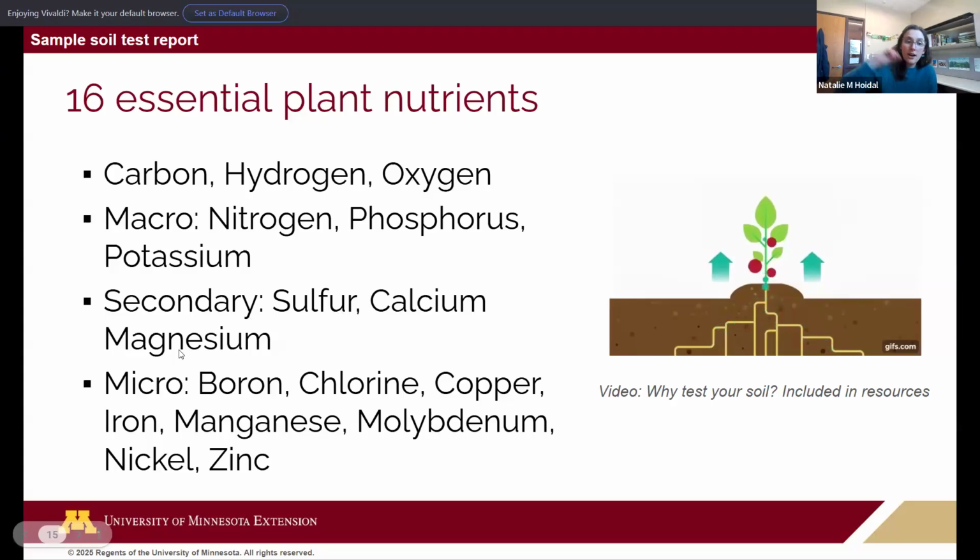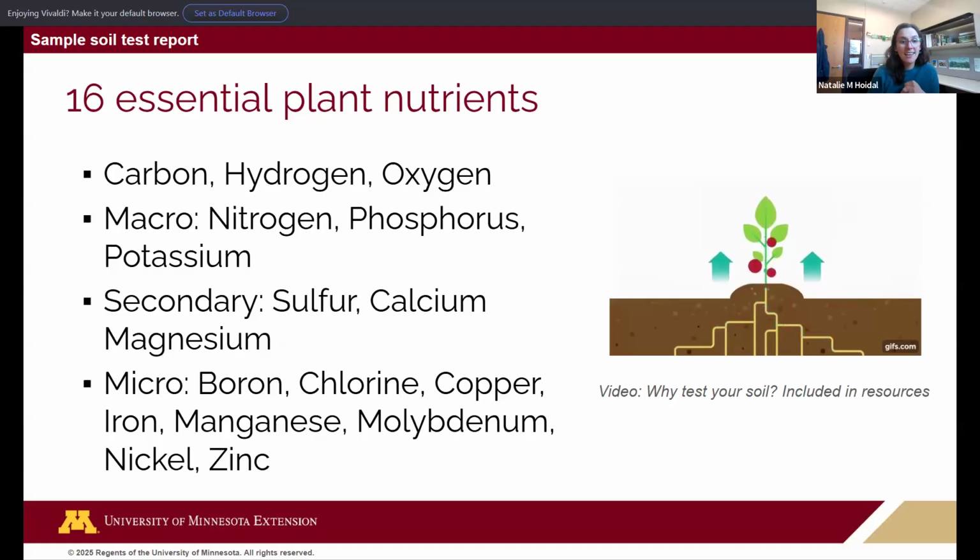And then the micronutrients are things that plants are using in very small quantities. So boron, chlorine, copper, iron, manganese, molybdenum, nickel, and zinc. And most of us in Minnesota live and grow things in soils that had glaciers on them. And those glaciers helped to grind down bedrock and put a lot of micronutrients into our soils.